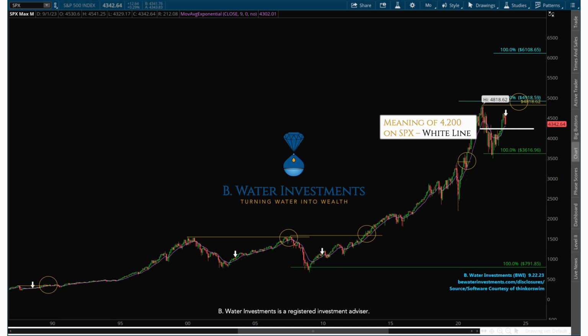So we can use 4,200 when we see the news as the arbiter of what's bullish and what's bearish. If we're clearly above 4,200 come the end of October, we are bullish and we will be 100% invested because we'll be taking care of all final cash positions into this pullback.